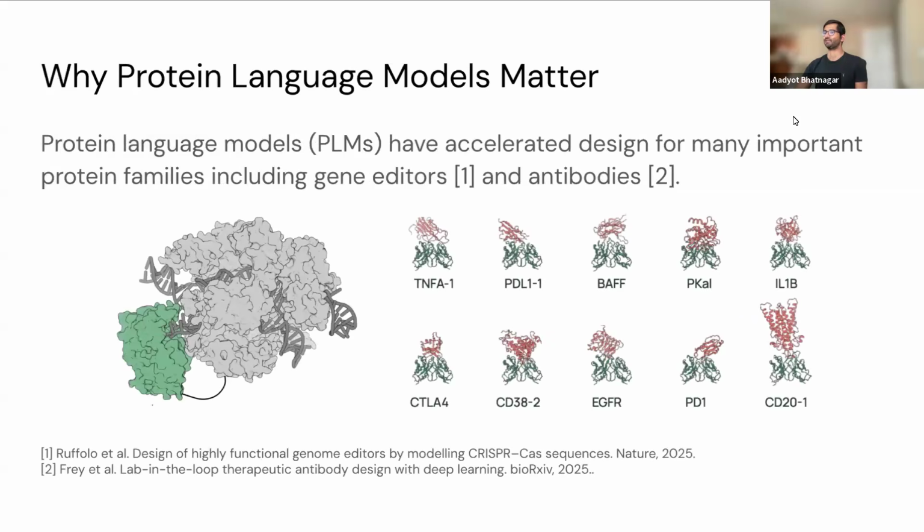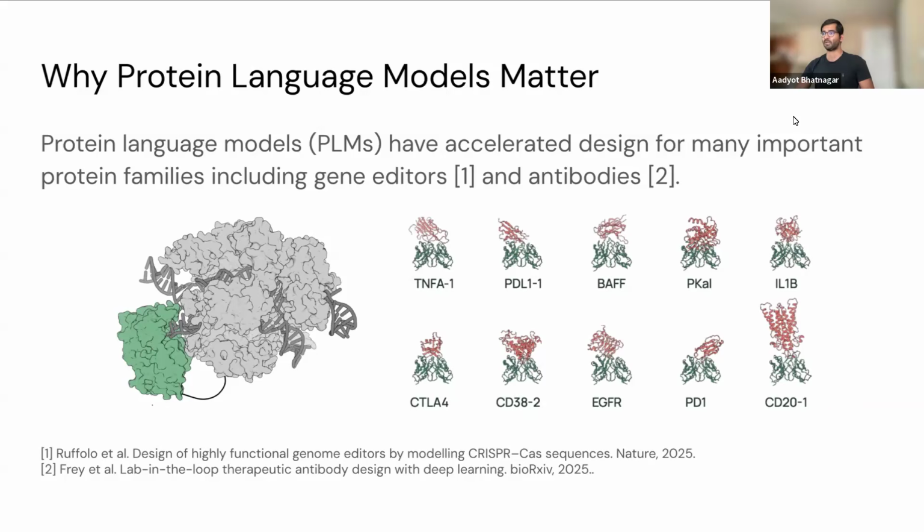So let's get into it. I'm sure I don't really need to convince many of you of this fact, but let's just start briefly by talking about why protein language models actually matter. So at this point, PLMs have accelerated design for many important protein families, including gene editors and antibodies. And these proteins have applications in a wide range of fields that include therapeutics, agriculture, biomanufacturing, just to name a few.